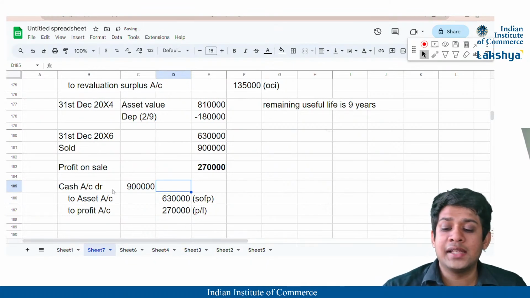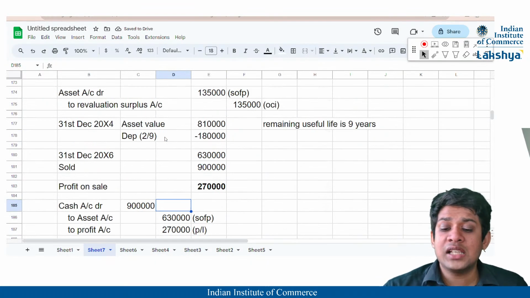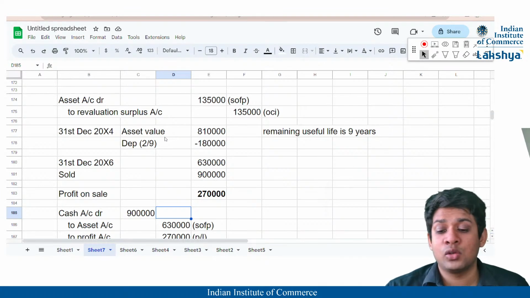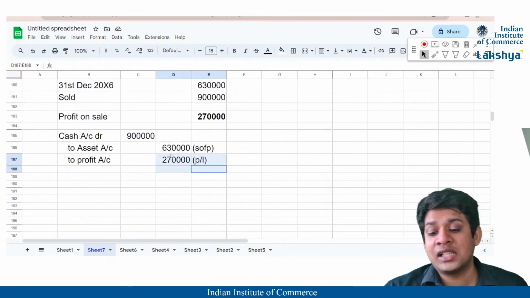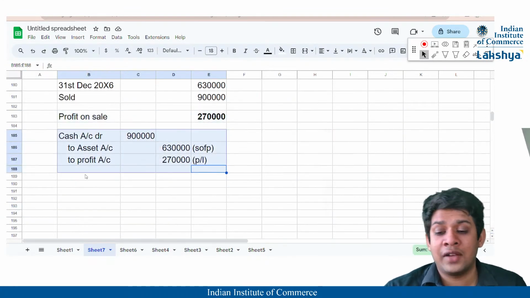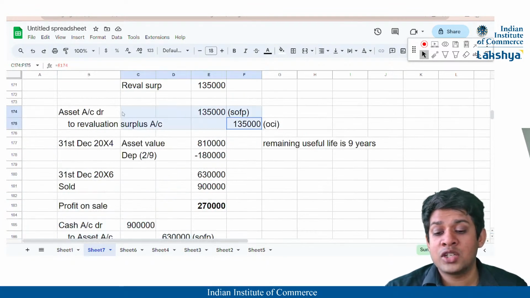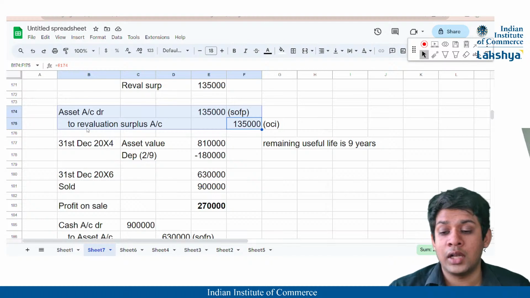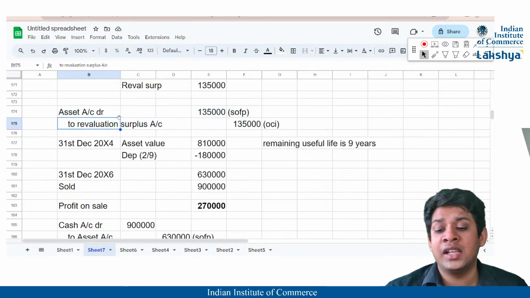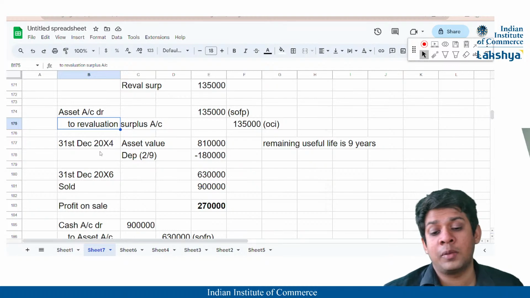Okay. Now guys, this is a revalued asset which has been sold. Now I do not have this asset. But for the same asset, I have revaluation surplus which is accumulated and stored in other comprehensive income. Now this asset is sold, so technically it is irrelevant to keep the revaluation surplus.